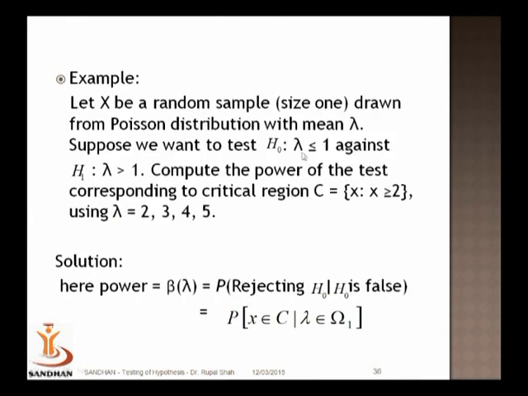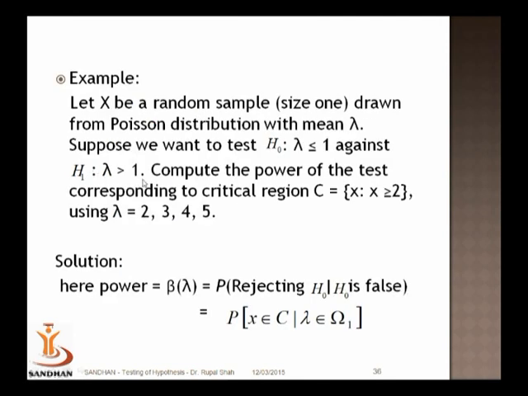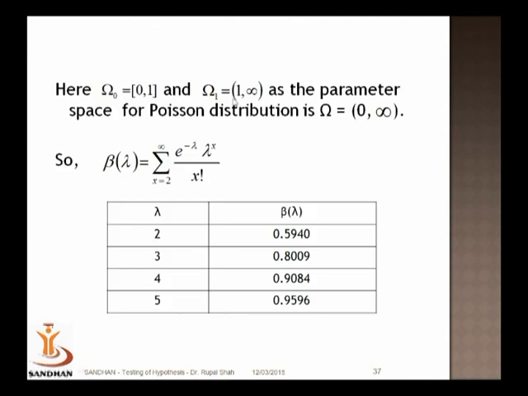Because H0 is lambda less than or equal to 1, correspondingly omega 0, the parameter space under the null hypothesis, is the closed interval 0 to 1, and under H1 you have lambda greater than 1. Because H1 is lambda greater than 1, correspondingly your omega 1 is 1 to infinity.